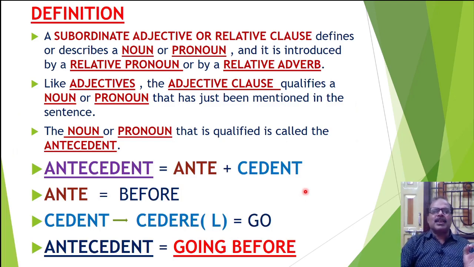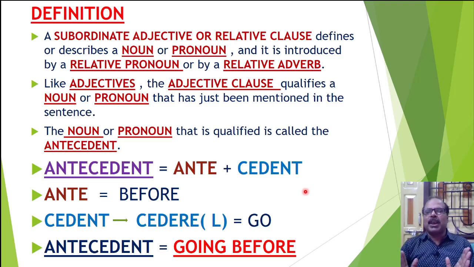Now, what is an adjective clause or a relative clause? Obviously, it is a subordinate clause. A subordinate adjective or relative clause defines or describes a noun or pronoun, and it is introduced by a relative pronoun or by a relative adverb.